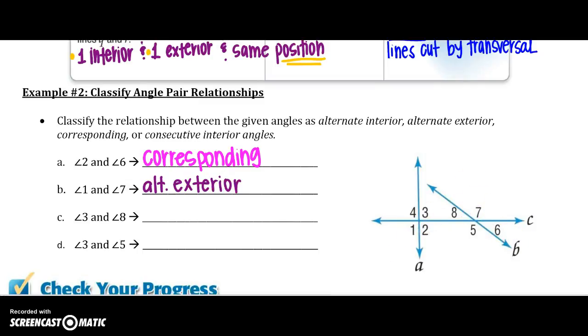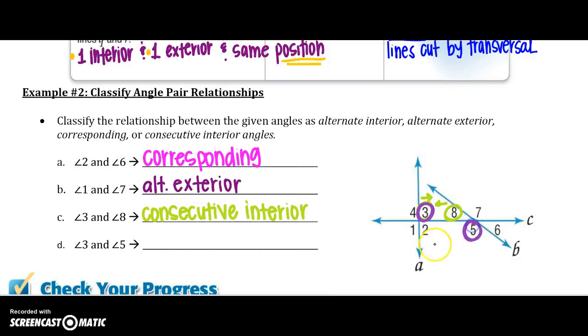All right, what about 3 and 8? Okay, they're both on the inside of those lines, so I need the word interior. And they lie on the same side of the transversal. So remember, same side uses consecutive. And last, 3 and 5.